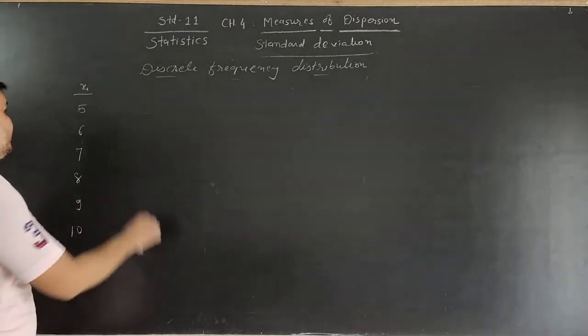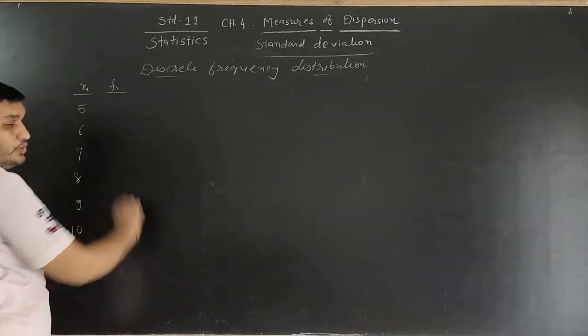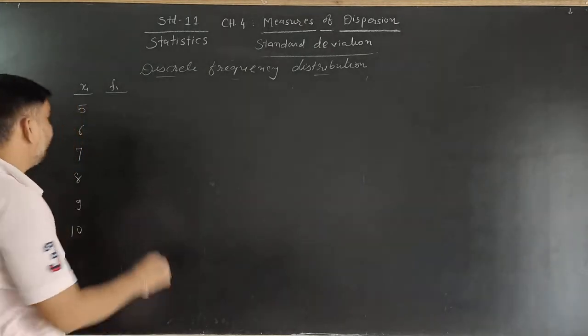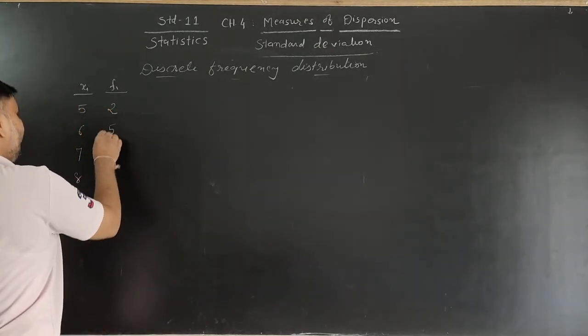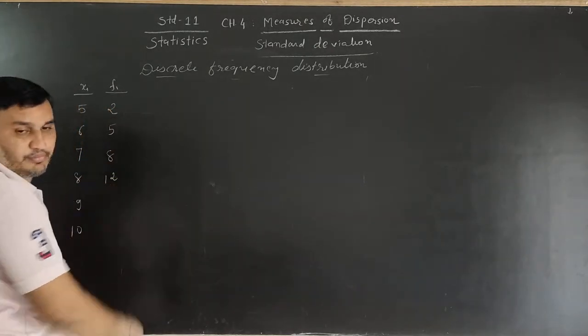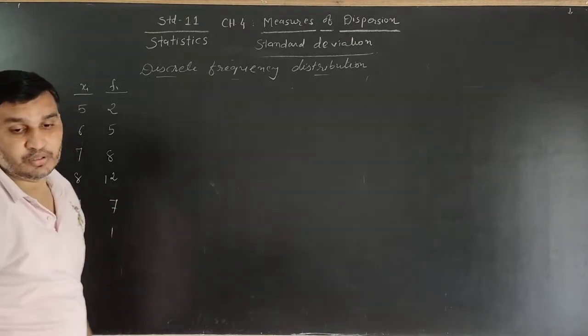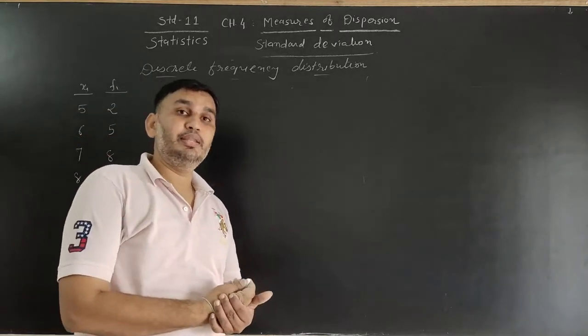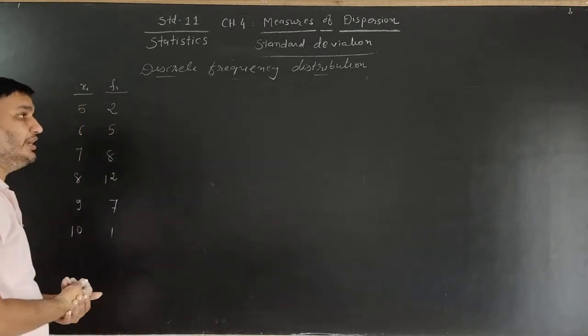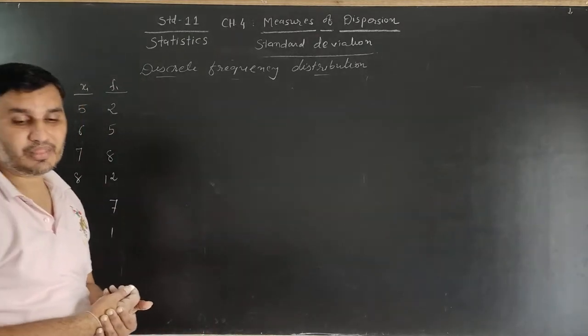And the frequency means the number of days. fi is equal to 2, 5, 8, 12, 7, 1. So first we find the mean, and to find the mean we have to find the fi xi.